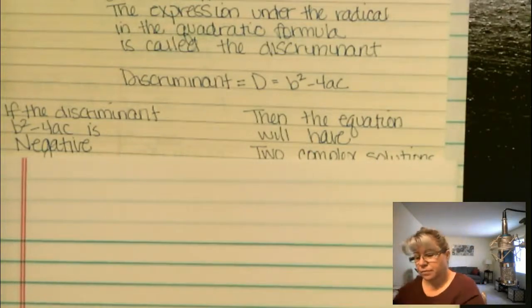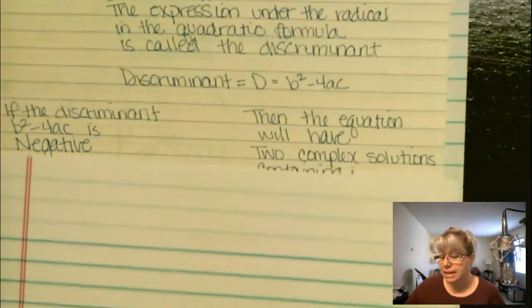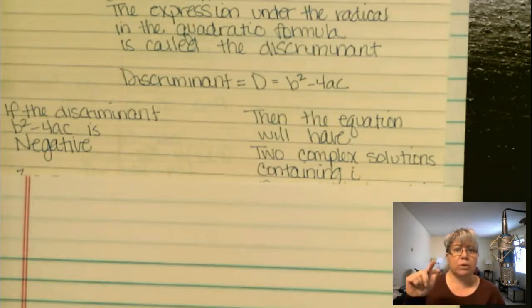If the discriminant is negative, if that calculation of b squared minus 4ac is negative, then we will have two complex solutions containing i. If it is negative, which makes sense because if we have plus or minus the square root of a negative number, it is going to involve i because we have a negative square root.